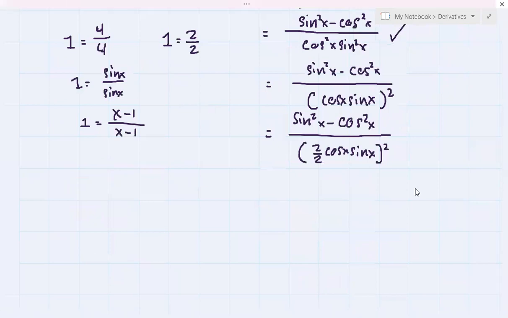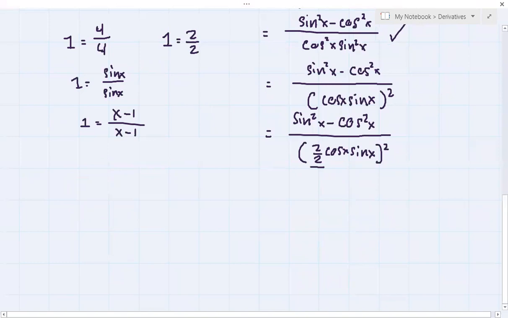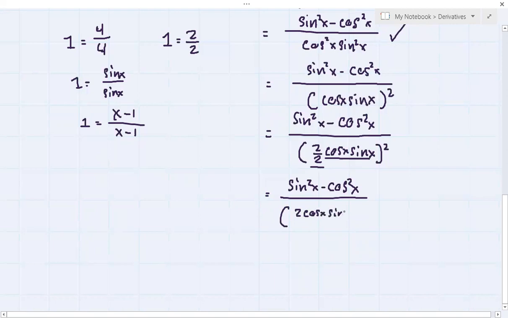Okay? Ngayon, what we can do is we will multiply them together. Multiply natin si 2 all over 2 tsaka si cosine x all over sin x. We can do that. We can multiply them together. Ay, teka lang. So, ang mangyayari dyan, we will have 2 times cosine x all over sin x all over 2.